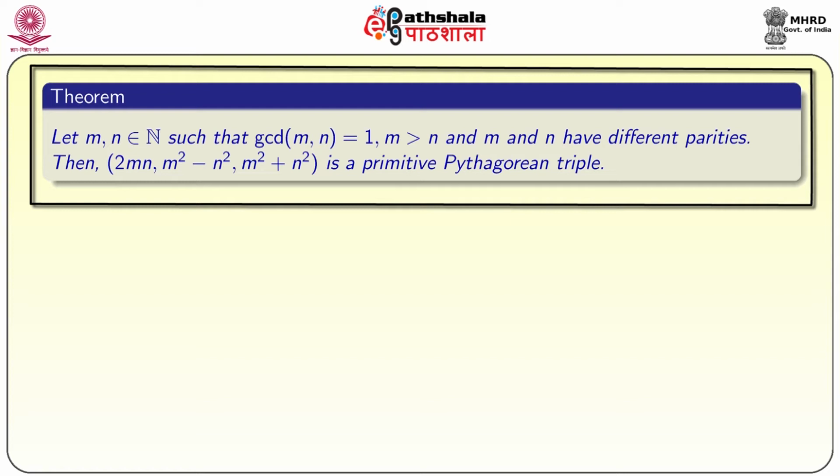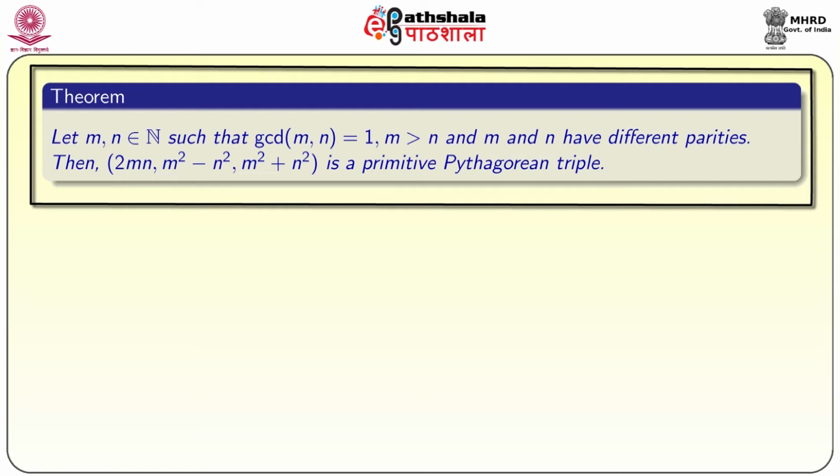Now, we look at the converse part. Converse part is also true. That is why this is an important result. These two combined will give all primitive Pythagoras triples. We are completely solving x square plus y square equal to z square for primitive Pythagoras triples.